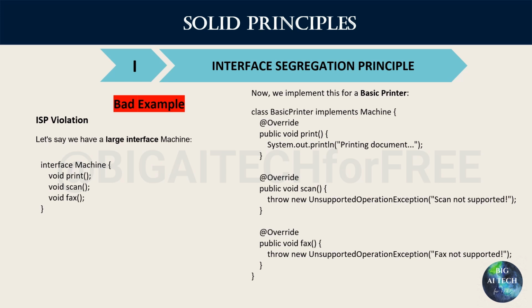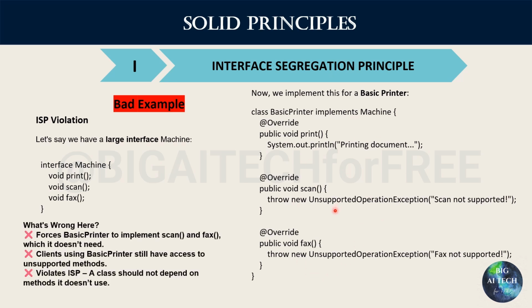What is wrong here? We are forcing the basic printer to implement scan, fax and print as well, which it doesn't need for scan and fax. Clients using basic printers still have access to unsupported methods and we had to throw an exception. This is violating ISP because a class should not depend on methods it doesn't need.